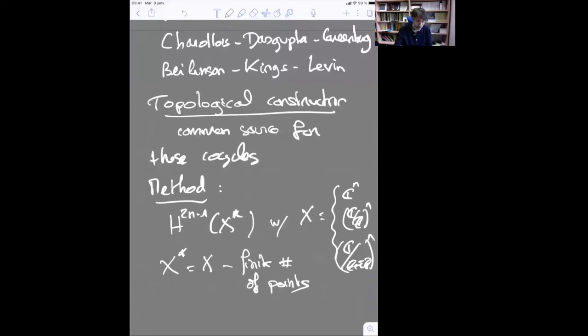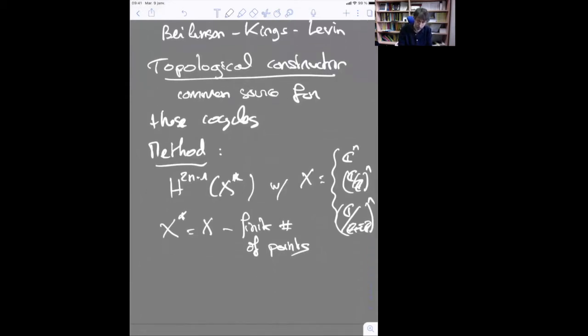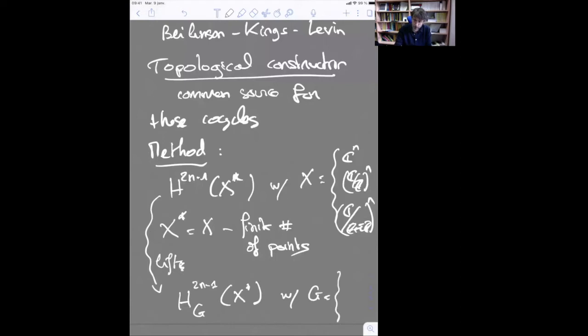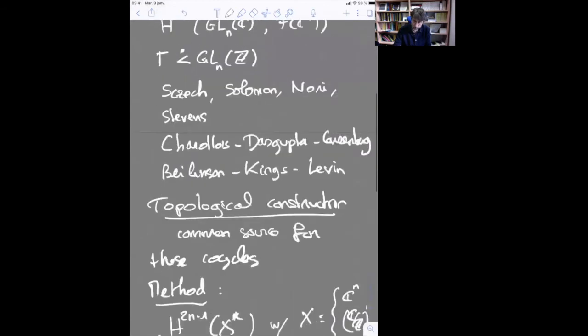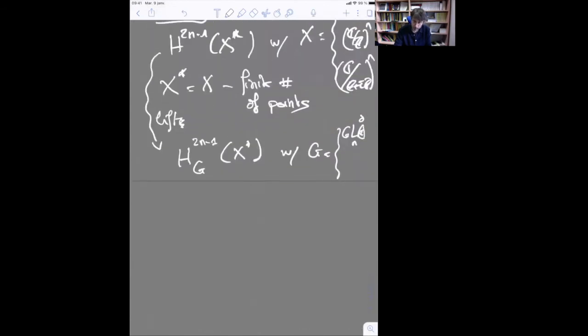The thing is that I will lift a class to the equivariant cohomology of this space, with G being either, in the first case, GL_n(C) made discrete, or in the second case gamma, a finite index subgroup of GL_n(Z).